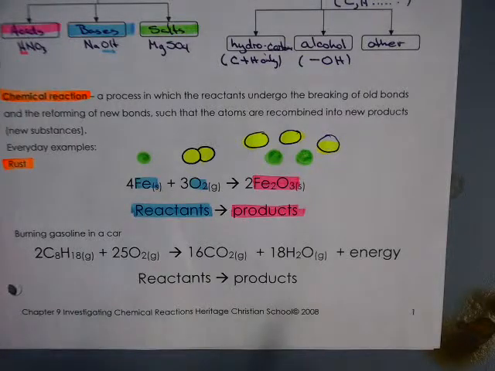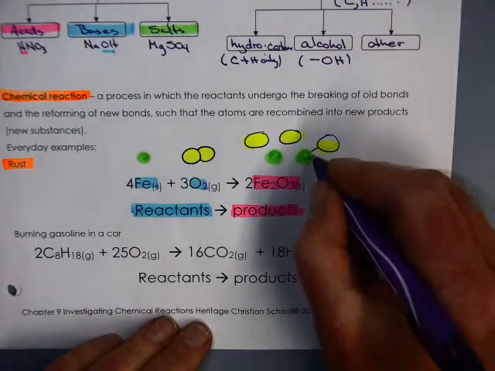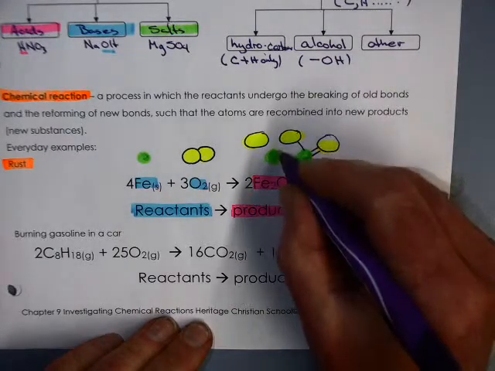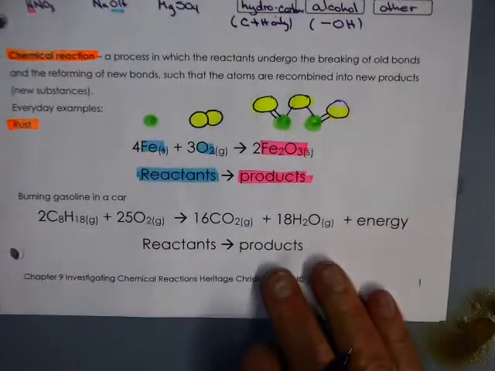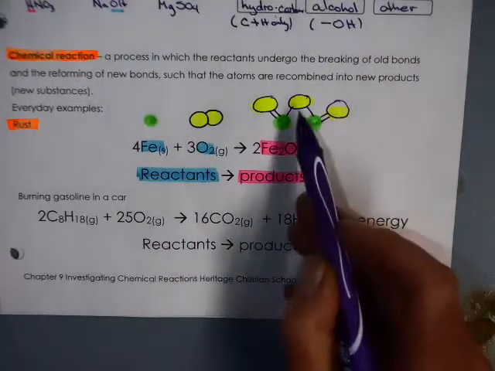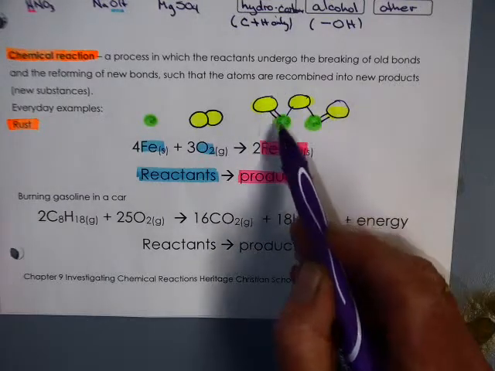Keeping in mind that oxygen can only form 2 bonds and iron forms 3 bonds, this is what you should guess. These are oxygens. Each one of them is forming 2 bonds.